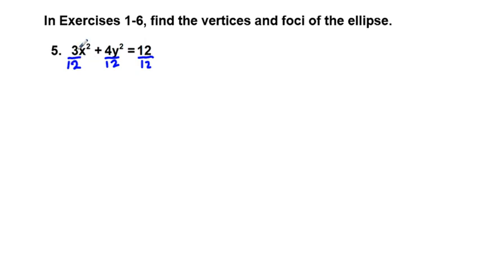So we have 3 over 12 x squared, that's going to be 1/4 x squared, so we're going to have x squared over 4 plus 4/12 is going to be 1/3, so plus y squared over 3 is going to be equal to 1.